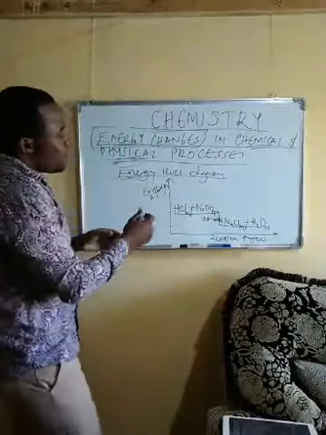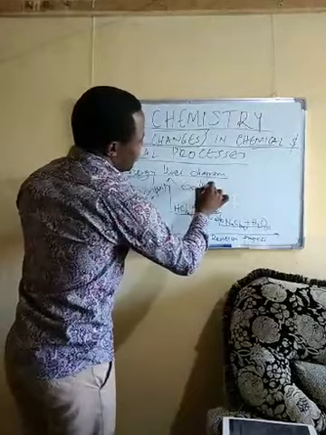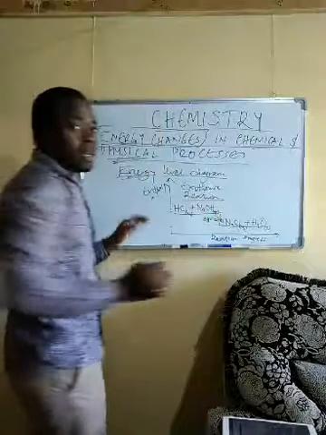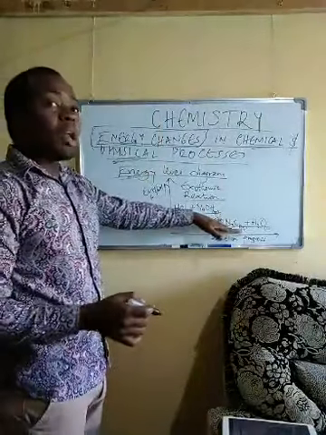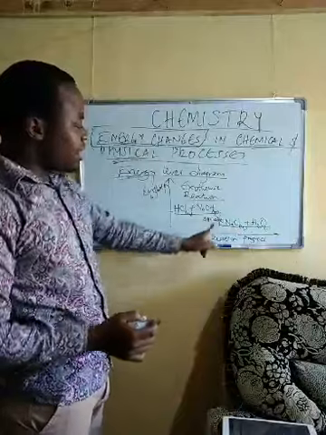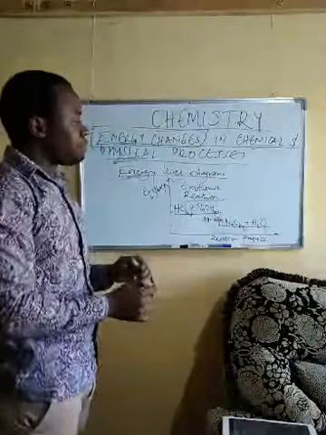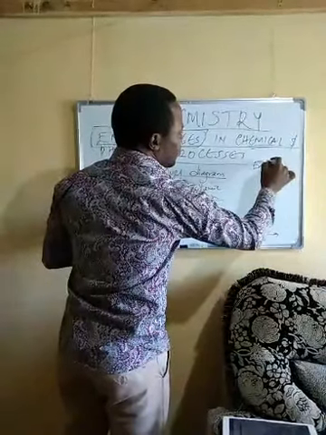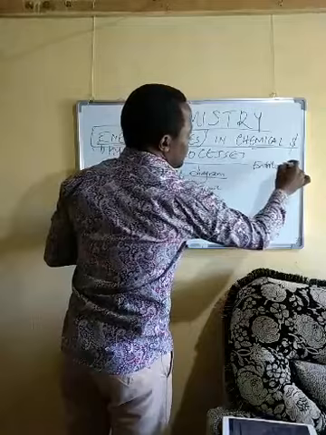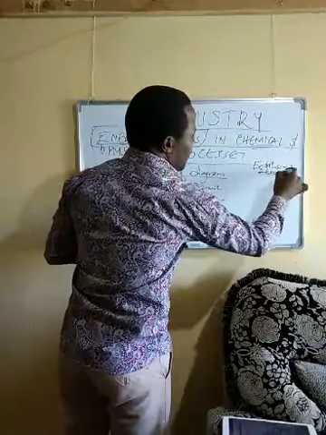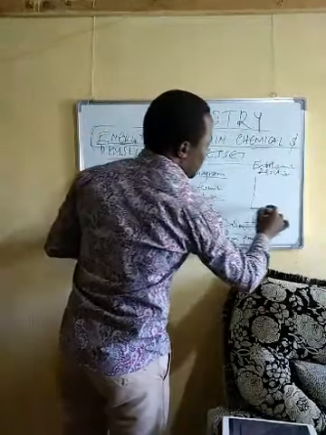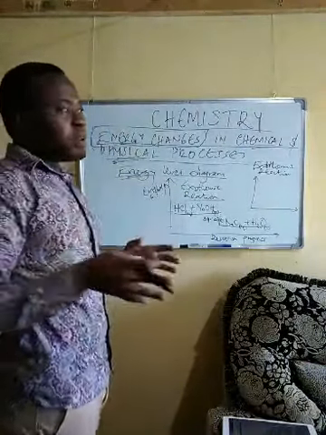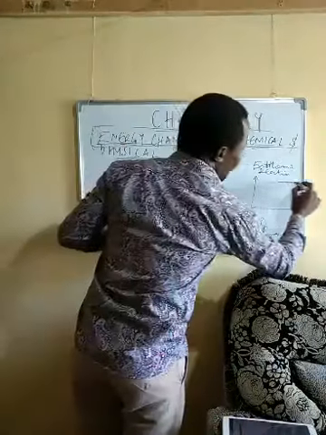As you can see, for an exothermic reaction, the products are at a lower energy. Heat is lost, and the value here is negative, so delta H is negative. For an endothermic reaction, on the other hand, the product will be at a higher energy as compared to the reagent.